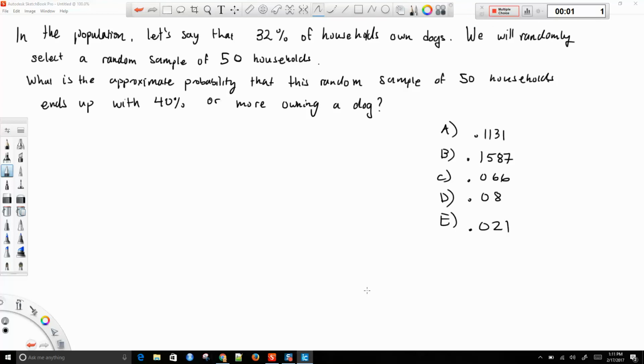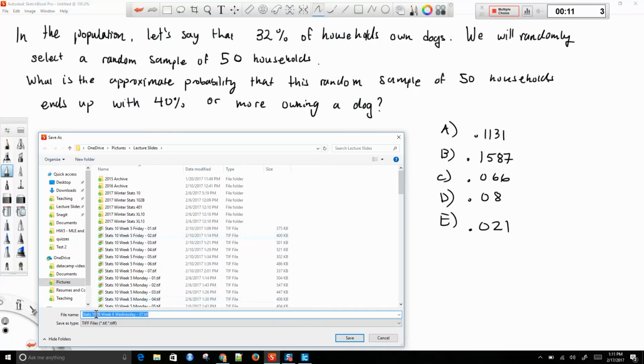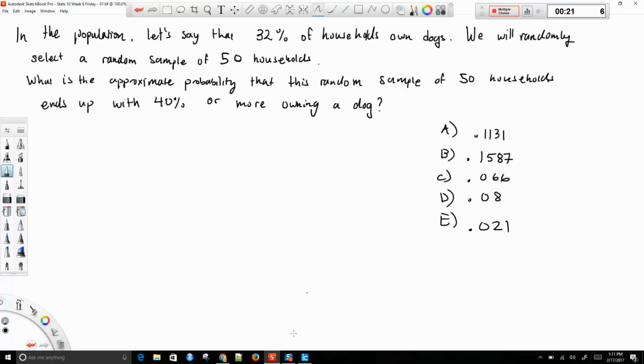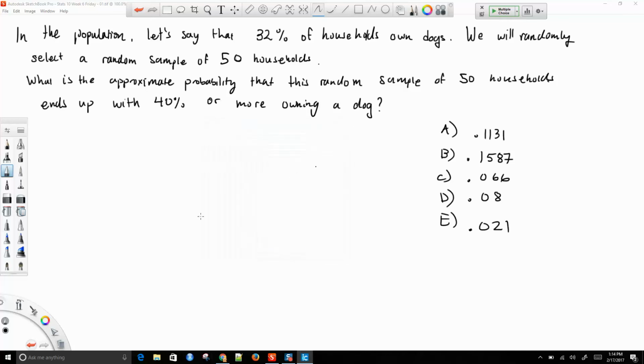Okay, so go ahead and try this problem out here. All right, I'm going to hit stop here. So if you haven't clicked, be sure to click. All right, pretty good. We got 84% of you getting it right.